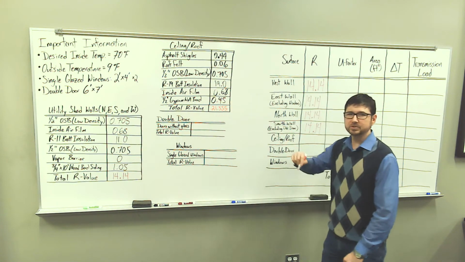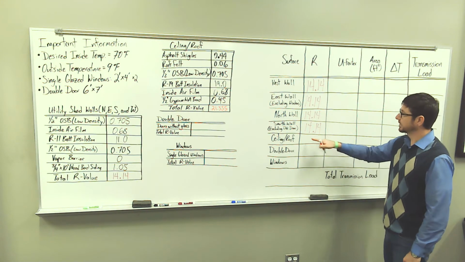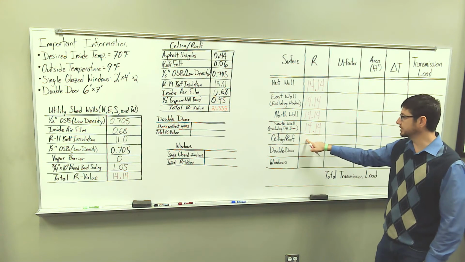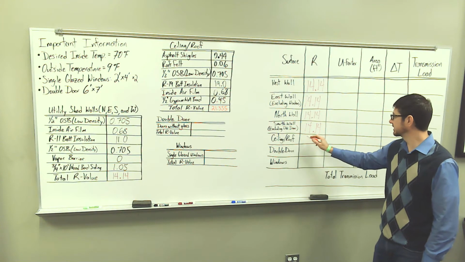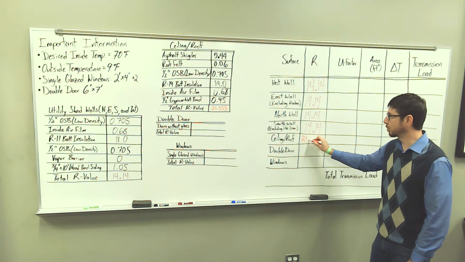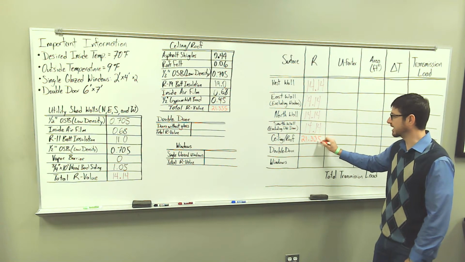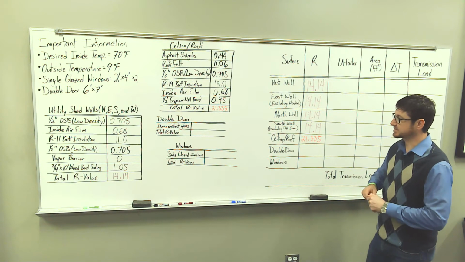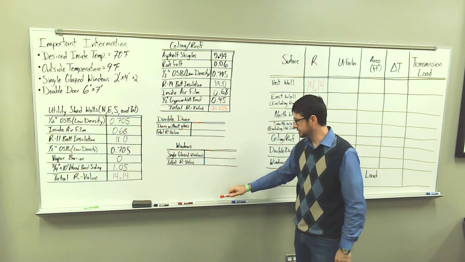Okay, so I'm going to transfer this value over here to the total R value for the ceiling and roof. So 21.335.